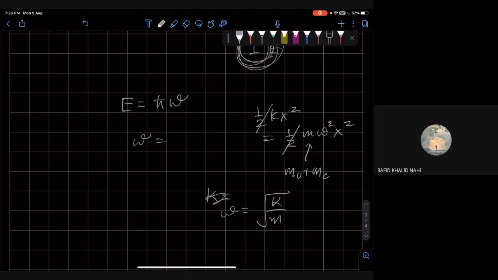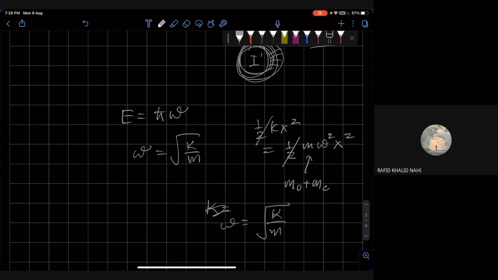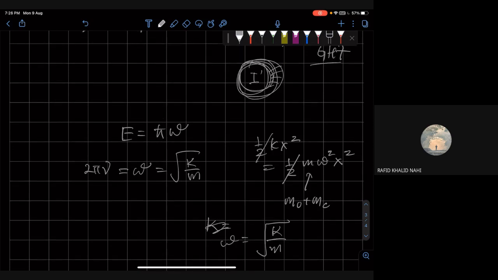Sorry, I always forget this formula. And this is 2 pi nu, right? Yeah. Once you've found k, you can then work out what nu is, and that should give you the vibrational frequency.